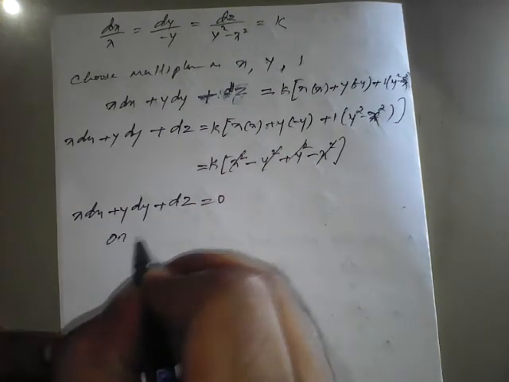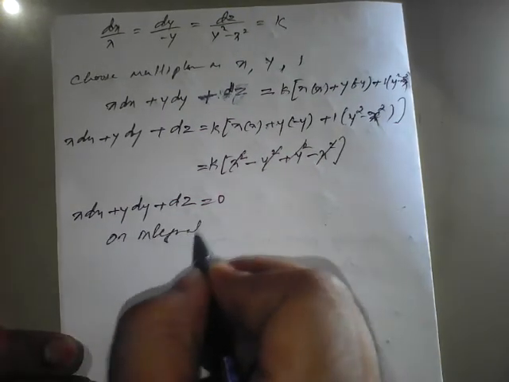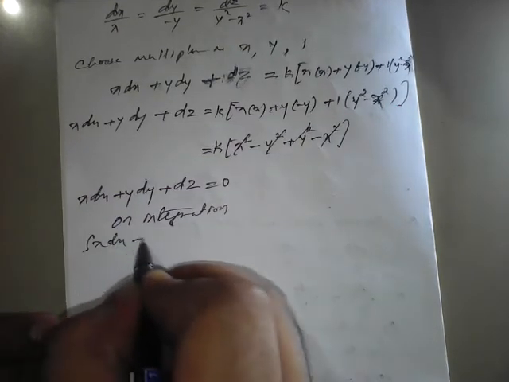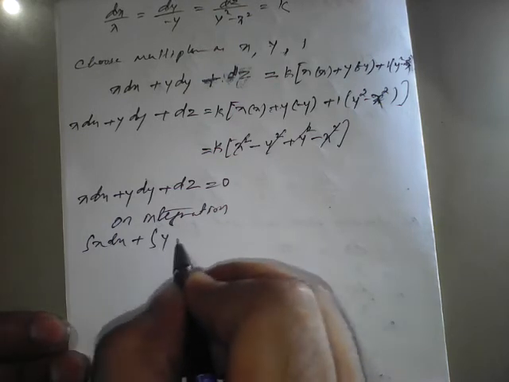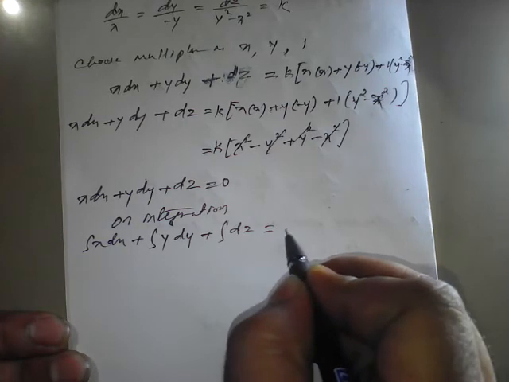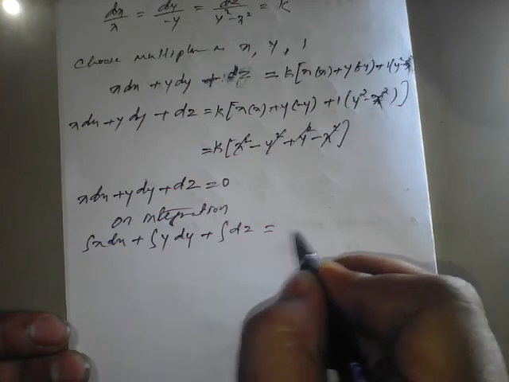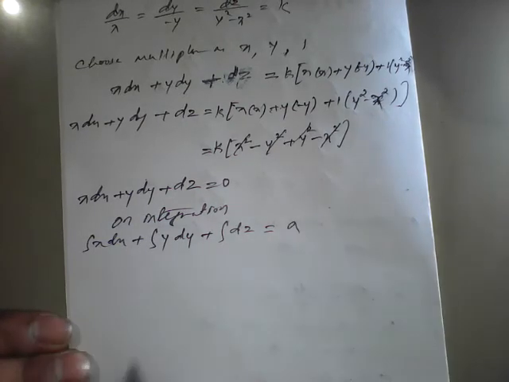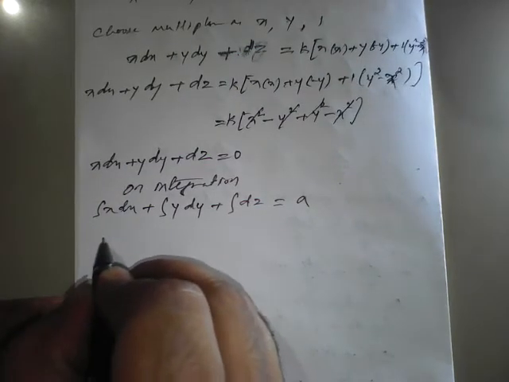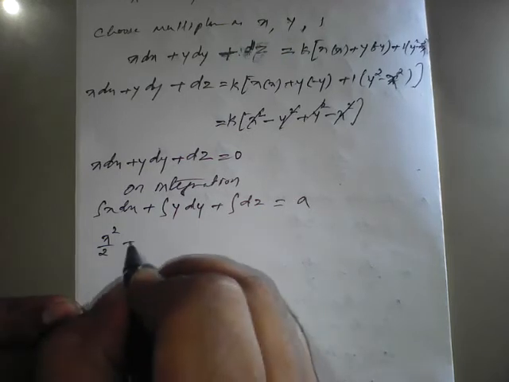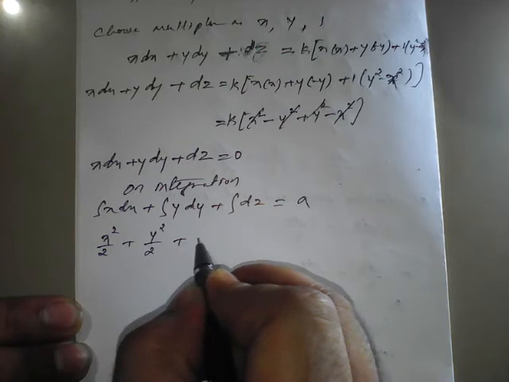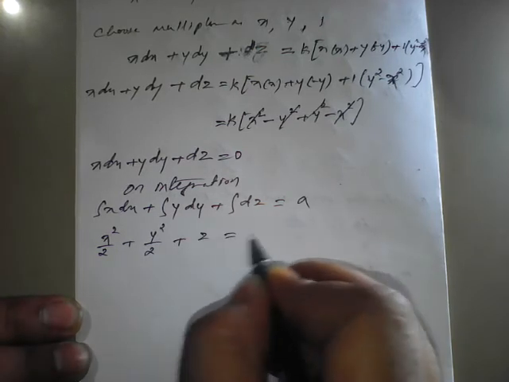On integration, integral of x dx plus integral of y dy plus integral of dz, with the arbitrary constant a. Integration of x is x square by 2, integration of y is y square by 2, plus integration of dz with respect to z is z, equal to a.